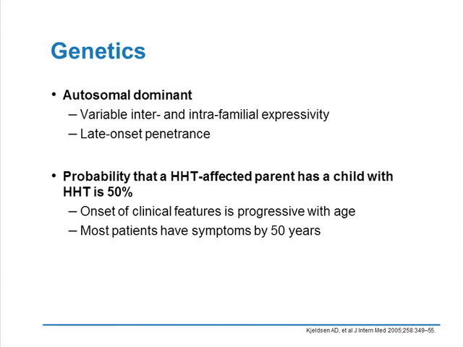Because it's autosomal dominant, the probability that an HHT-affected parent has a child with the disease is around 50%, and like I mentioned, it is progressive with age, and by the time most patients are usually 40 to 50 years of age, they will have symptoms.